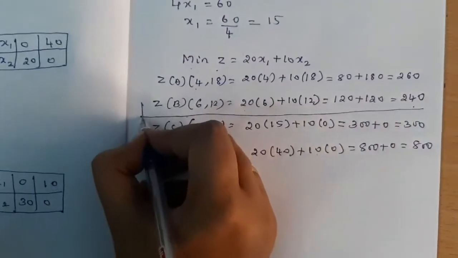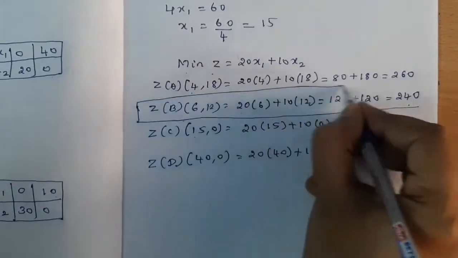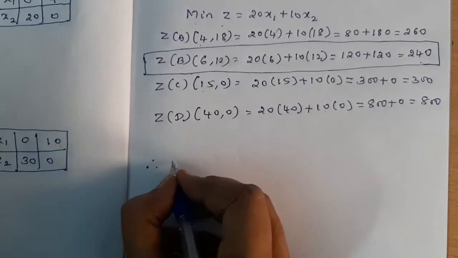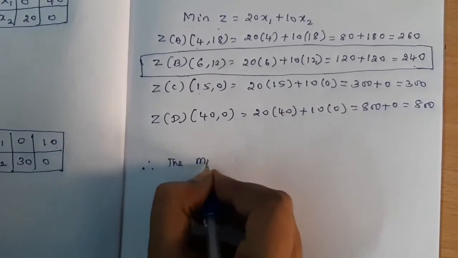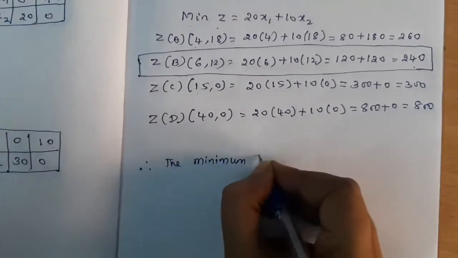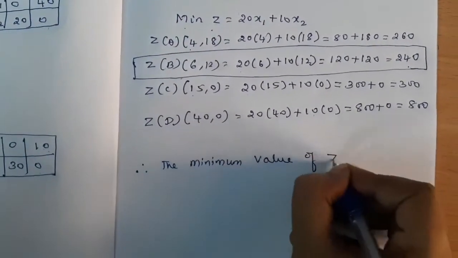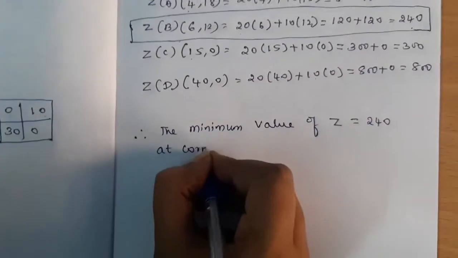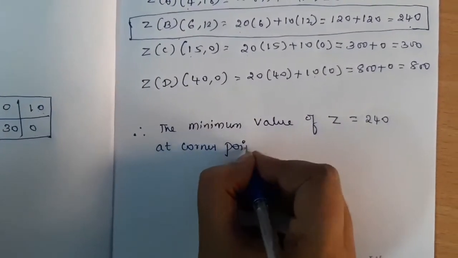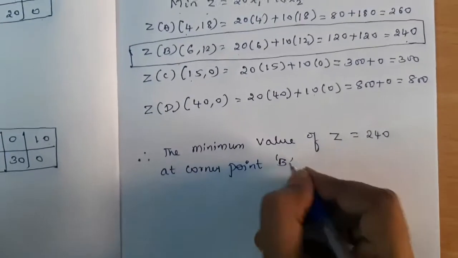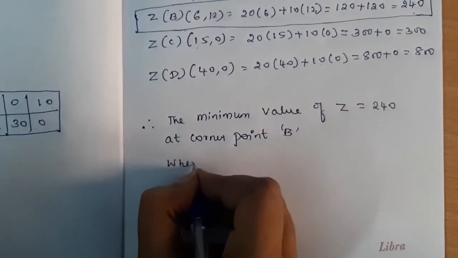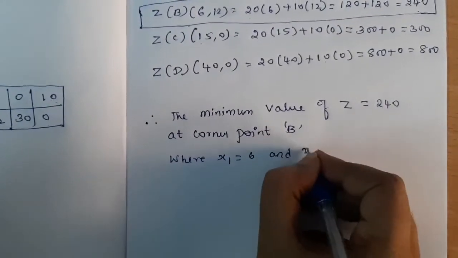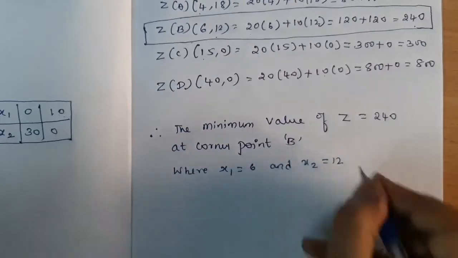So we have got our optimum solution at B. Therefore, the minimum value of z is equal to 240 at corner point B, where x1 is equal to 6 and x2 is equal to 12.